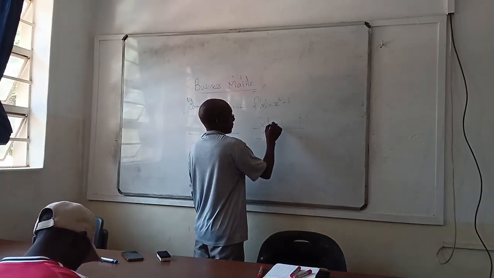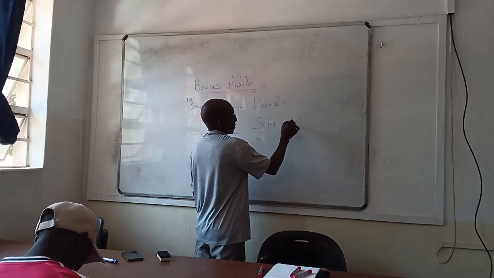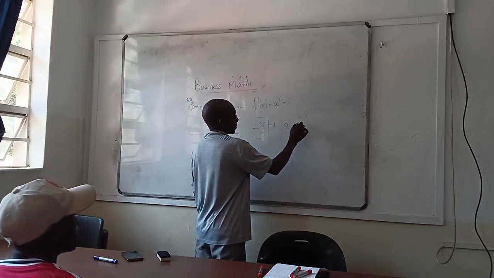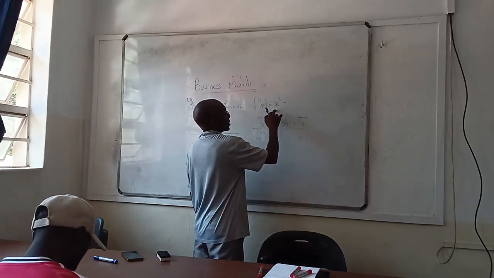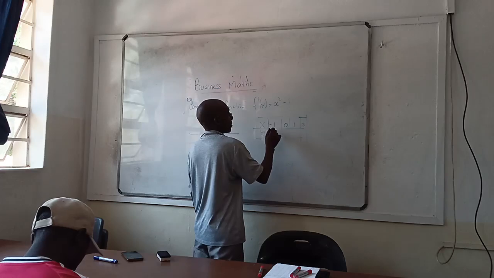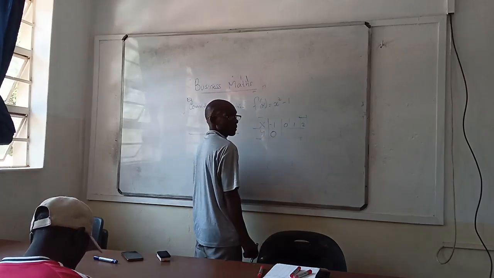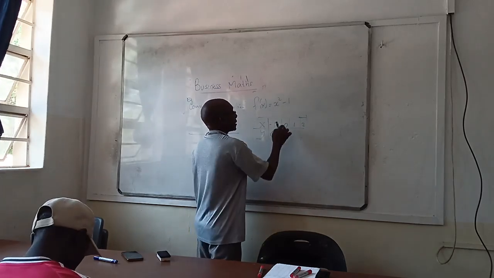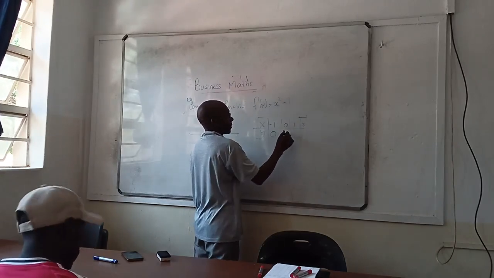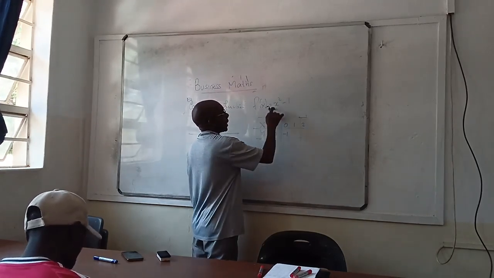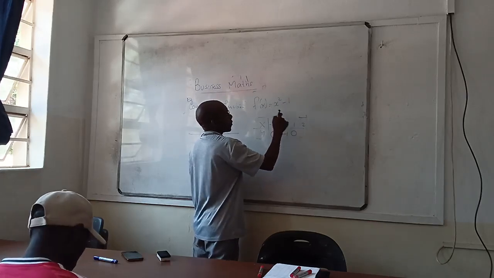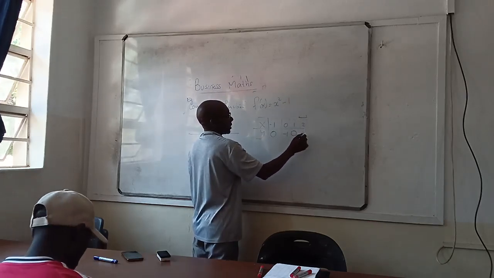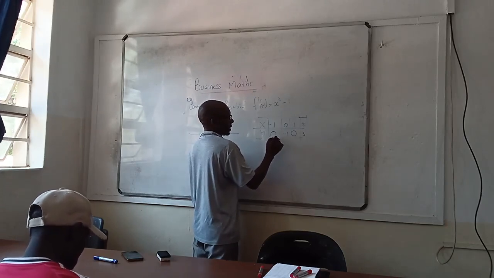X is negative 1, 0, 1, and let's put 2. Negative 1, positive 1 is 0, right? X is 0, negative 1. X is 1, 0. X is 2, 4 minus 3. Right? So there are 2 points here and these points here.